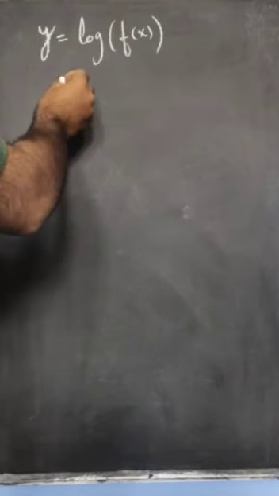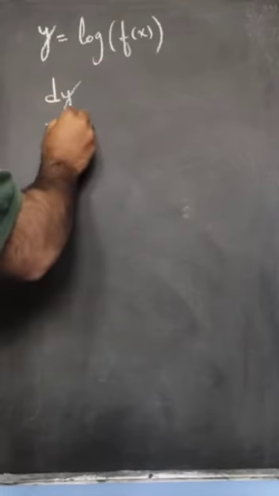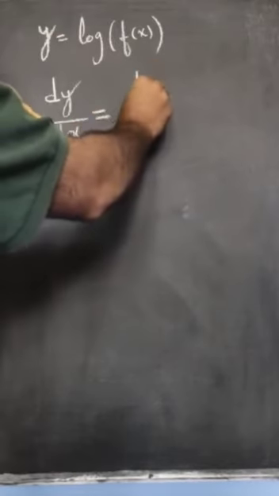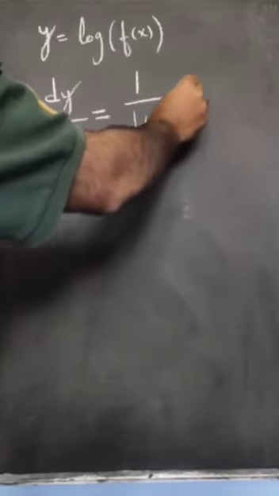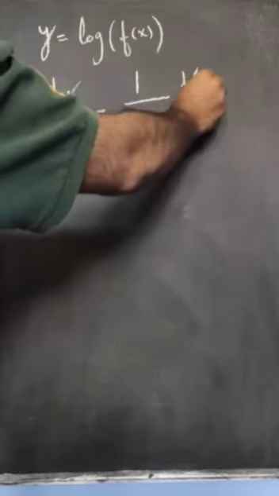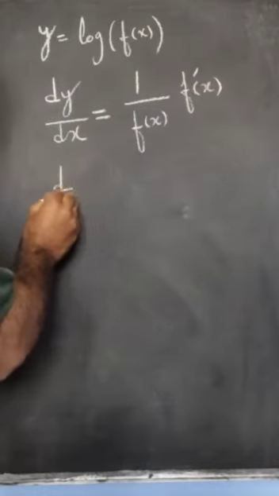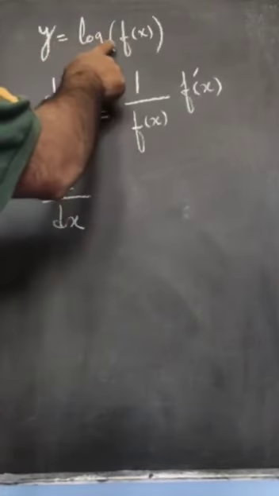If we differentiate this function, we get dy by dx is equal to 1 by f of x into f dash x, or d by dx of log of fx.